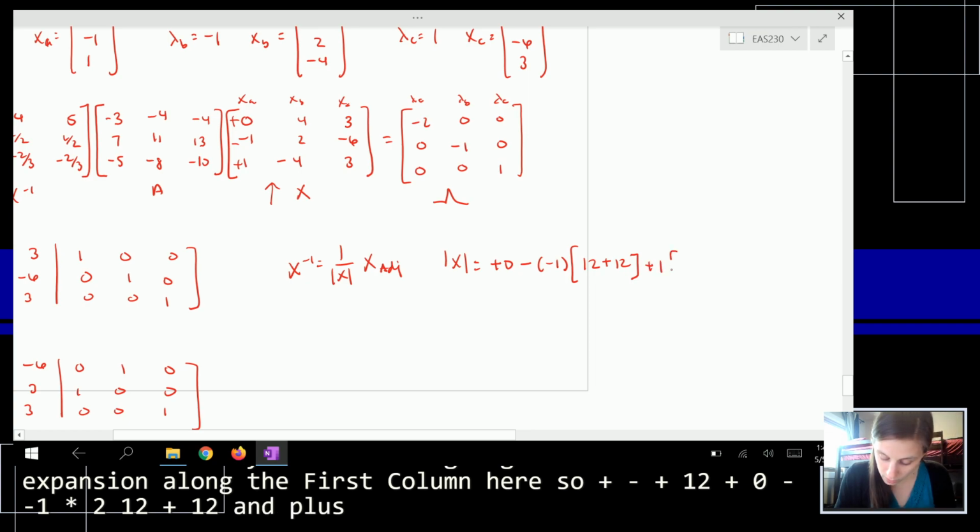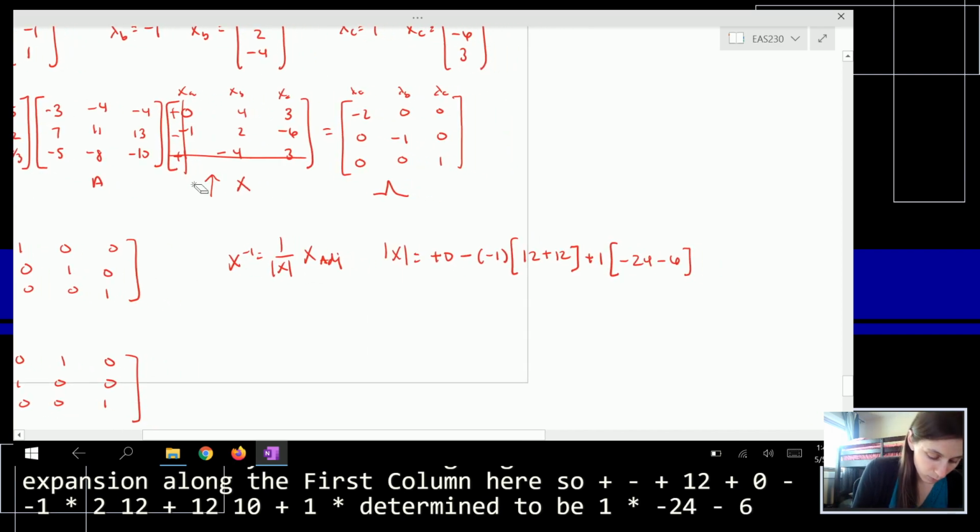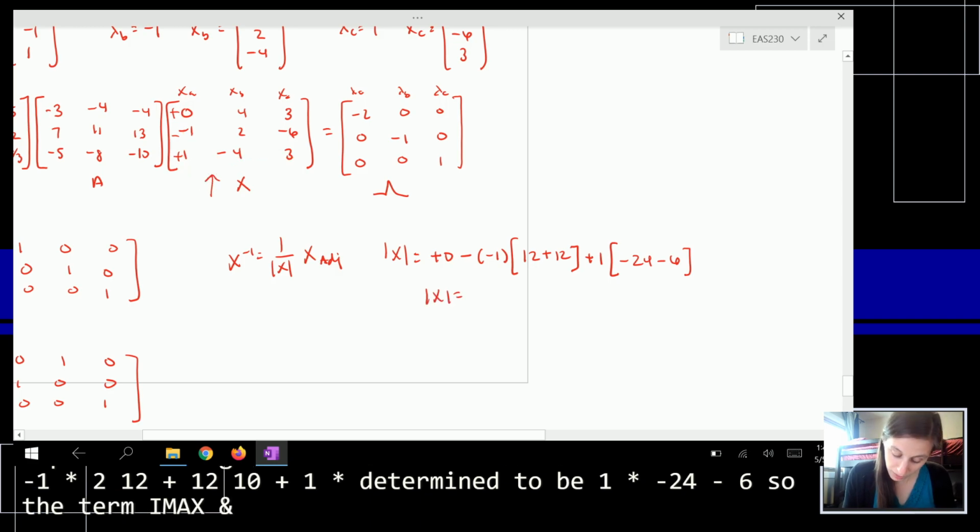And then plus 1 times the determinant of these ones, negative 24 minus 6. So the determinant of x ends up being 24 minus 30, or negative 6.